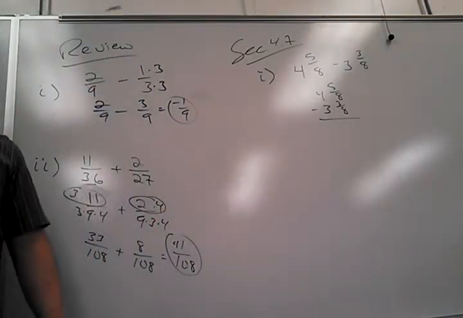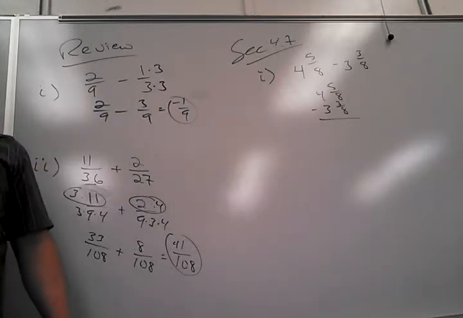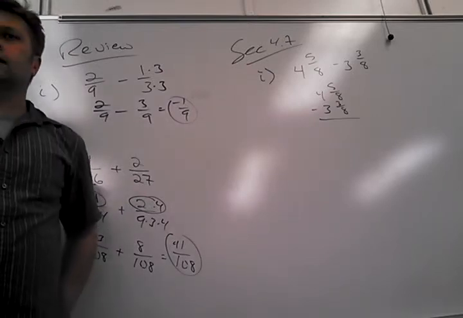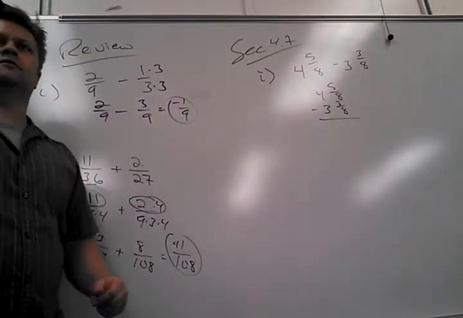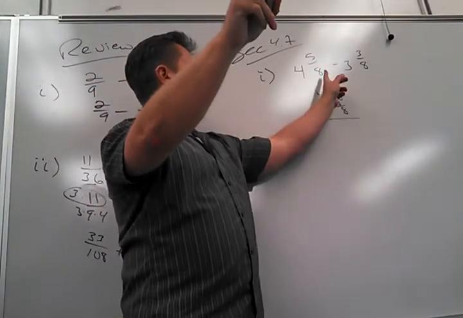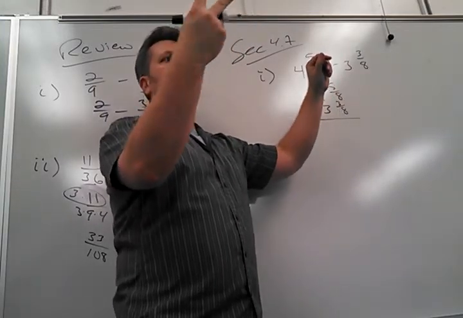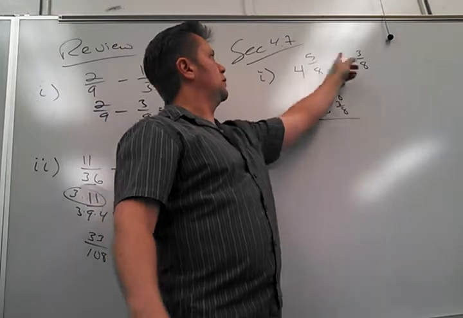That's one I made up. So the bottoms have to be the same. Now, this is an easy example, for two reasons. One reason, the bottoms are already the same. Another reason you don't even realize yet is this number is bigger than that number.